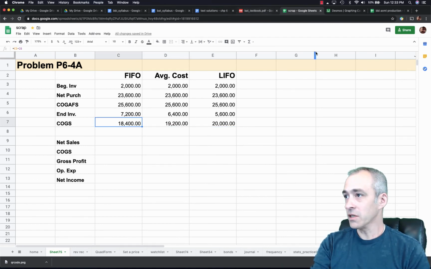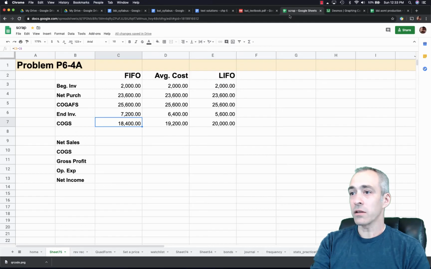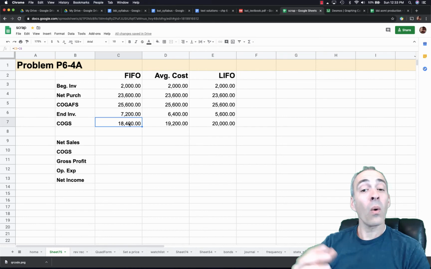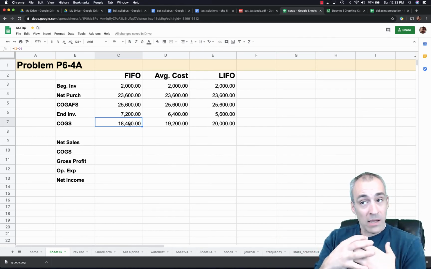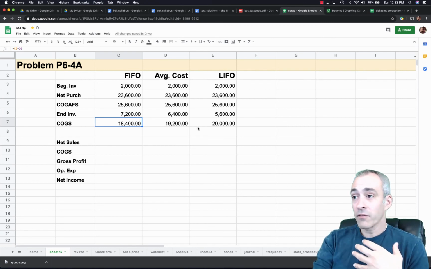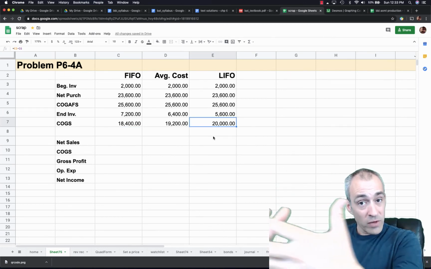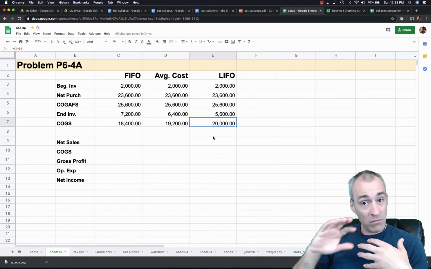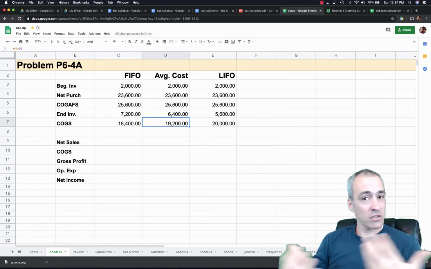In our question, prices were rising. So under the method that keeps the newest stuff and therefore the most value back on the balance sheet, you have the lowest cost. For the method that keeps the oldest stuff on inventory and therefore retains the least amount of value, you've sent the most cost, 20,000, to the income statement. And then average is average.